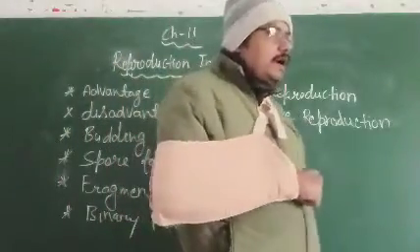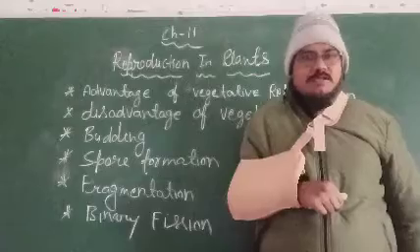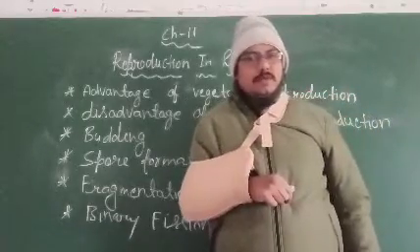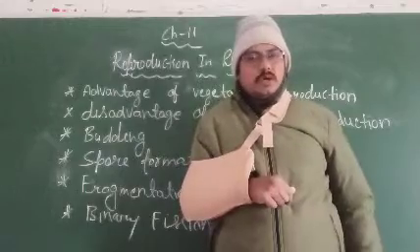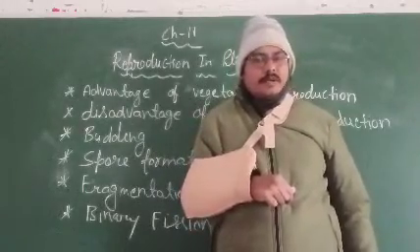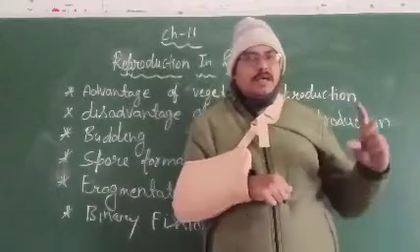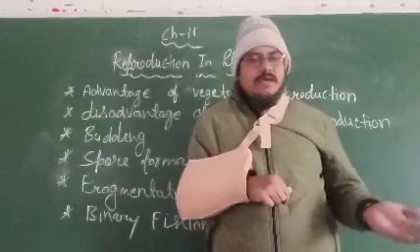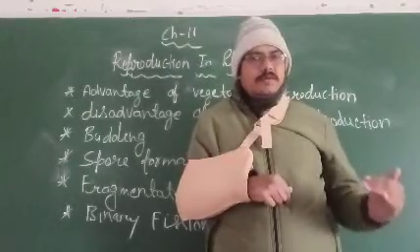Student, a plant like banana doesn't give seeds. So reproduction in such a plant can take place with the help of its stem. By cutting the stem part and putting it into the ground, after taking some care, it will grow into a new plant.